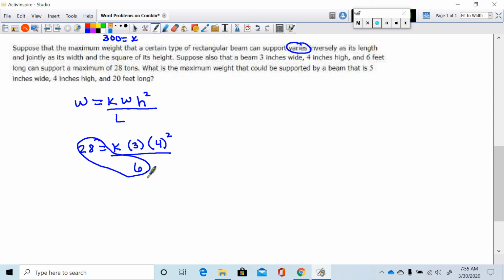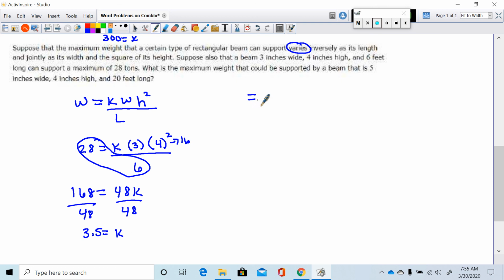I'm sorry, 6 times 28 is 168 equals, okay, 4 squared is 16. 16 times 3 is 48. So 48k, divide both sides by 48. 168 divided by 48 is 3.5. Okay, that's my value of k.